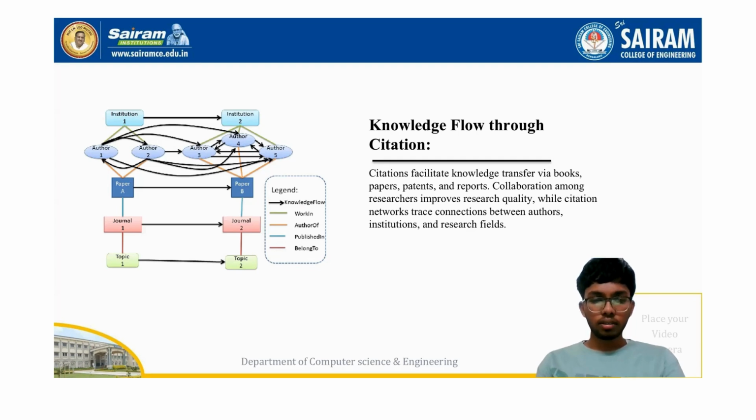For example, a biomedical engineer might cite a paper on how the brain functions in order to design a better neural interface, combining knowledge from both fields. Both the medical field and the engineering field get involved, and by that we are creating a knowledge flow through citation.